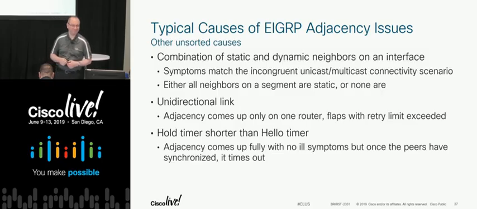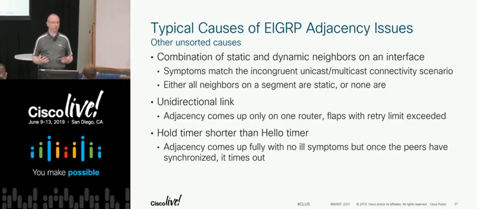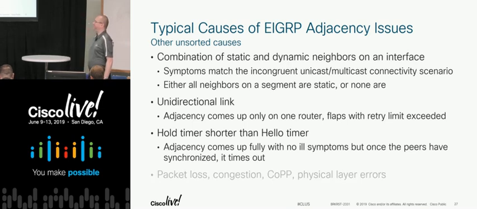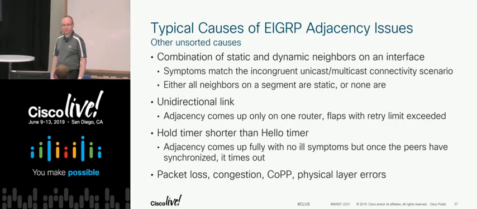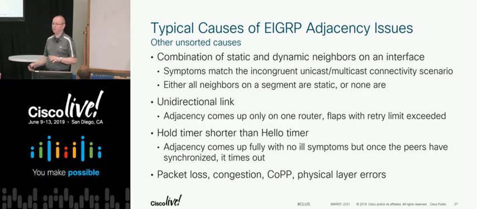It's still possible. Yeah, we truly allow you to configure things your way, right? All right. Finally, packet losses, control plane policing kicking in, physical layer errors. All this can come and bite you, but this has to be taken into account in a particular network and looked at in context.